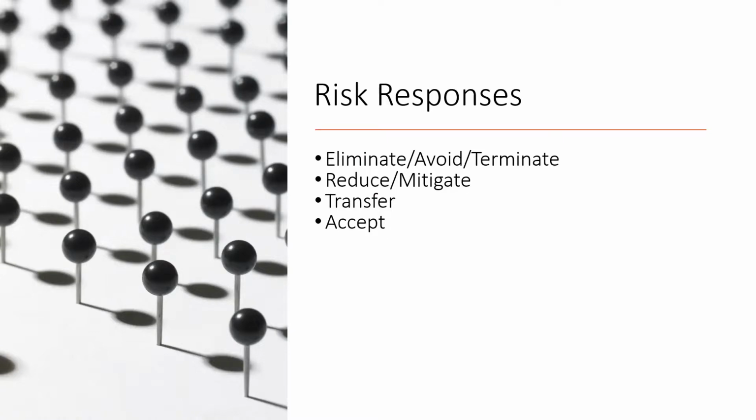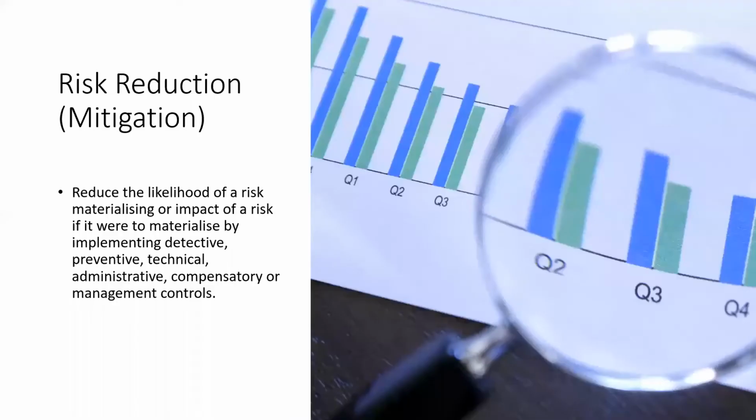And we'll take a look at these. Mitigation. What is risk reduction or risk mitigation? That is where we're seeking to reduce the likelihood of a risk materializing or the impact of a risk if it were to materialize by implementing a variety of controls.